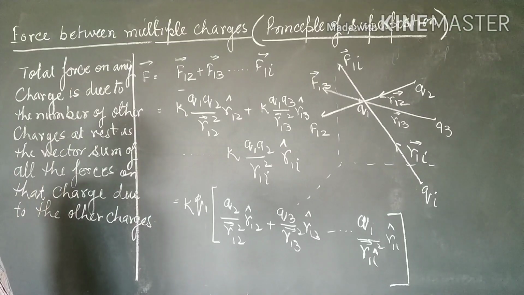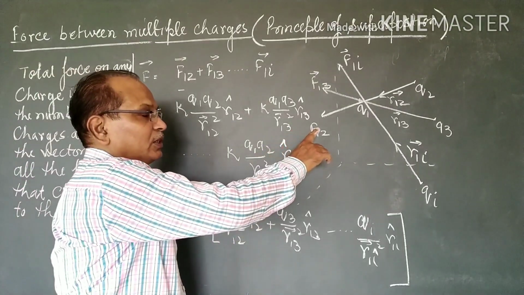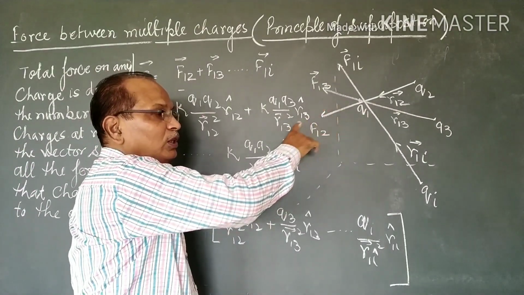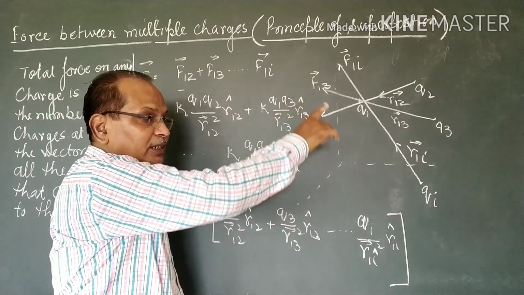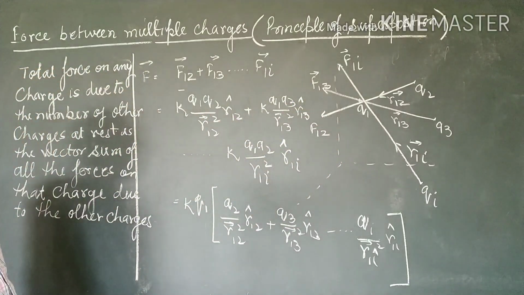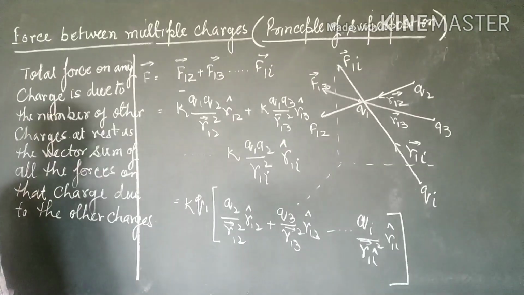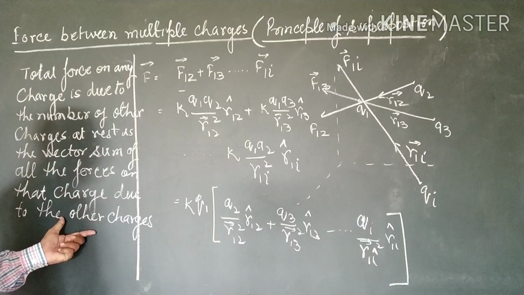So the total force on any charge is the vector sum of all the forces by the other charges when the charges are at rest. So this is the definition of principle of superposition.